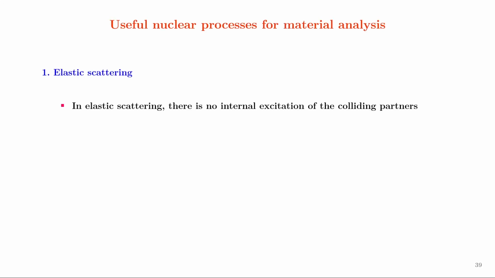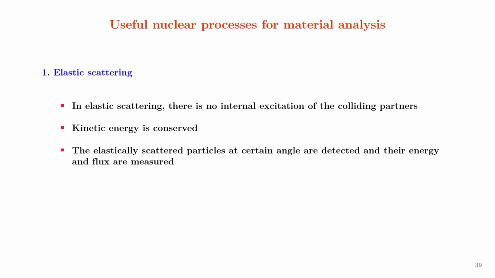Useful nuclear processes for material analysis. In elastic scattering, there is no internal excitation of the colliding partners, and the kinetic energy in this case will be conserved. The elastically scattered particles at a certain angle are detected and their energy and flux are measured.